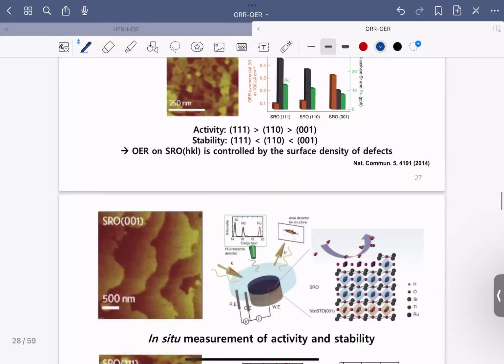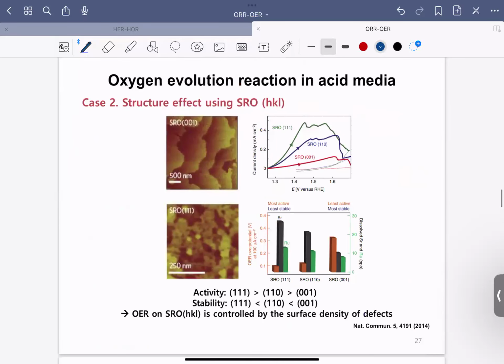And if we move to the surface structure effect, I believe you're already familiar because we already discussed the structure function activity relationship in the oxygen reduction reaction. And we discussed that there is a certain trend depending on the surface facet, right?